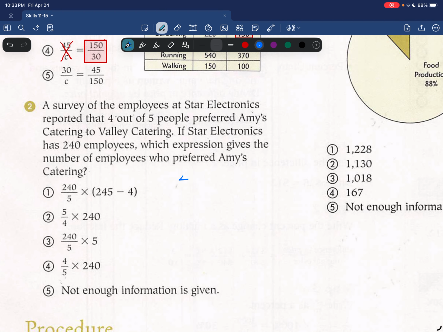Well, we know that 4 out of 5 employees, and let me set it up this way. 4 out of 5 employees, actually let me not set it up that way because I'm going to have a problem with the peanut. 4 out of 5 employees prefer Amy's Catering. Okay.